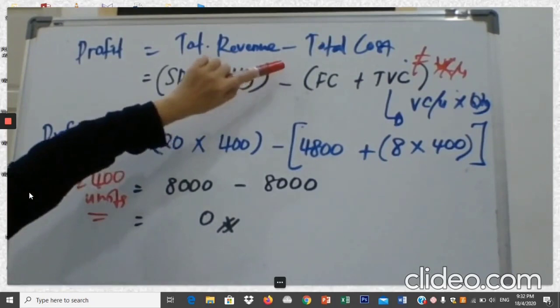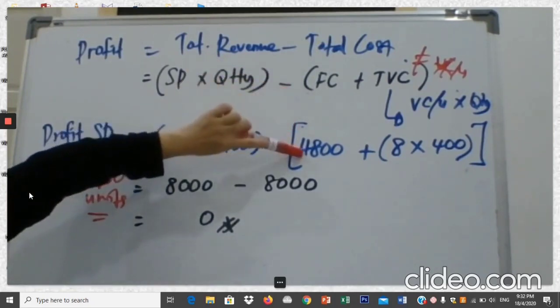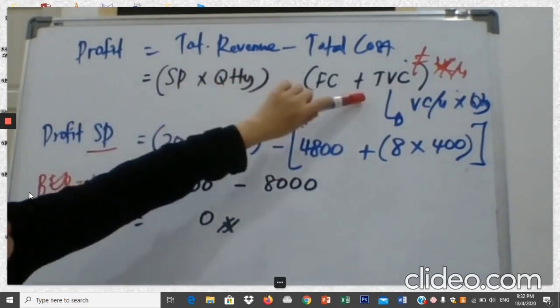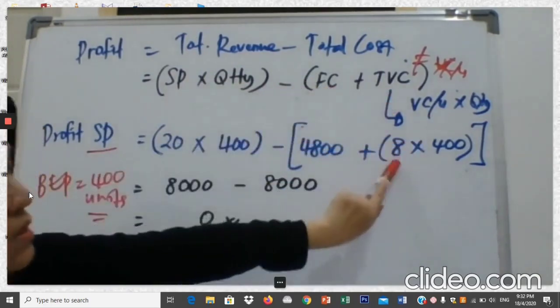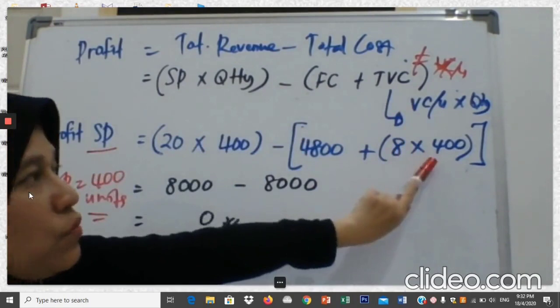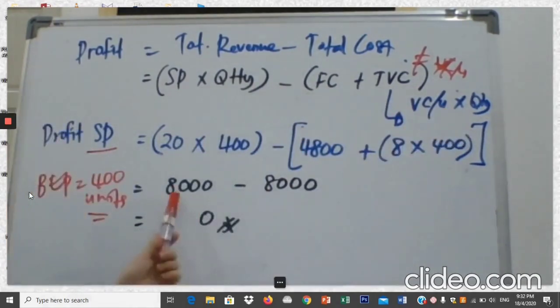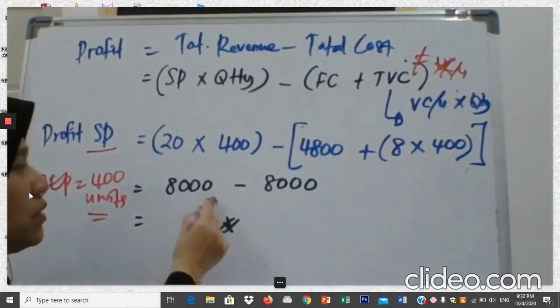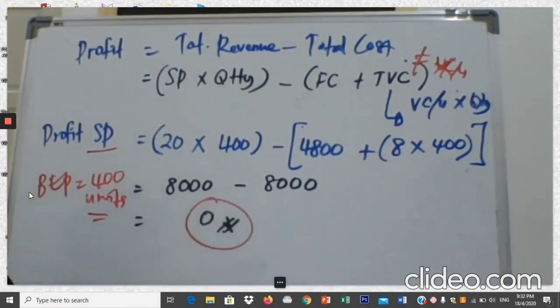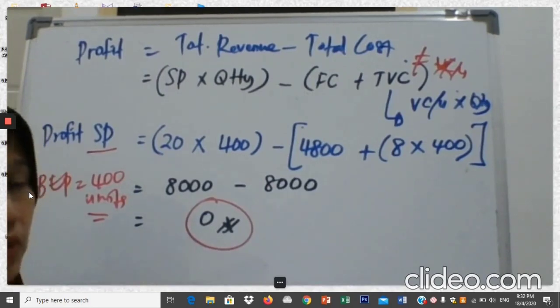And the component for total cost is the fixed cost given, 4,800, plus the total variable cost, which is the variable cost per unit times the quantity, which is 8 variable cost per unit and 400 as the quantity. So what we get over here, total revenue is 8,000, total cost is 8,000. Yes, it is really at the break-even point, the company will have zero profit. Okay, so this is just to confirm only.